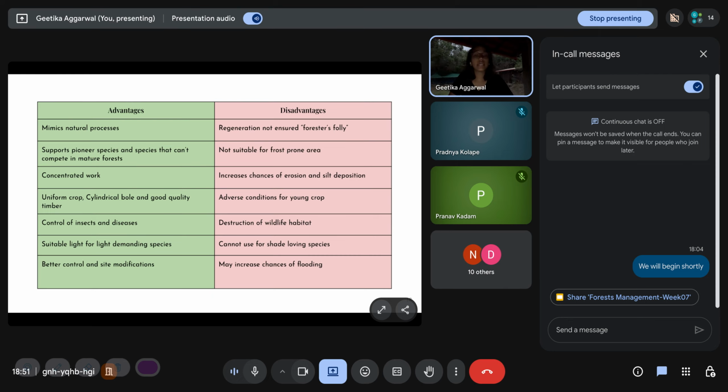It's not suitable for areas which are prone to frost, because there the young plants are not able to grow properly. It increases the chances of erosion and silt deposition, as I already discussed, because you've cleared all the vegetation. There are no trees supporting the soil in the area, so it's very easy for wind and water to erode the soil.